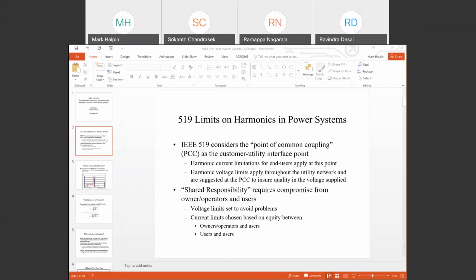So that's the economic or equitable allocation philosophy. So 519 tries to be economic, and it employs a so-called shared responsibility philosophy. The objective in the end is overall management of harmonics in the power system.